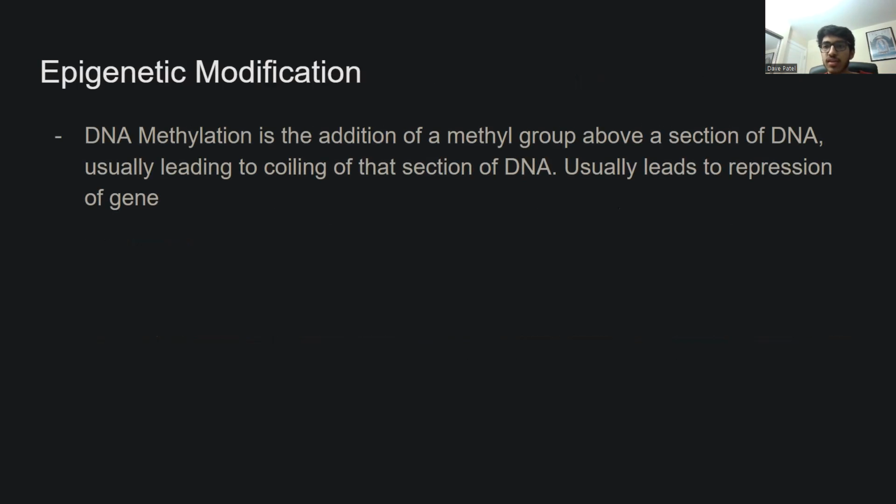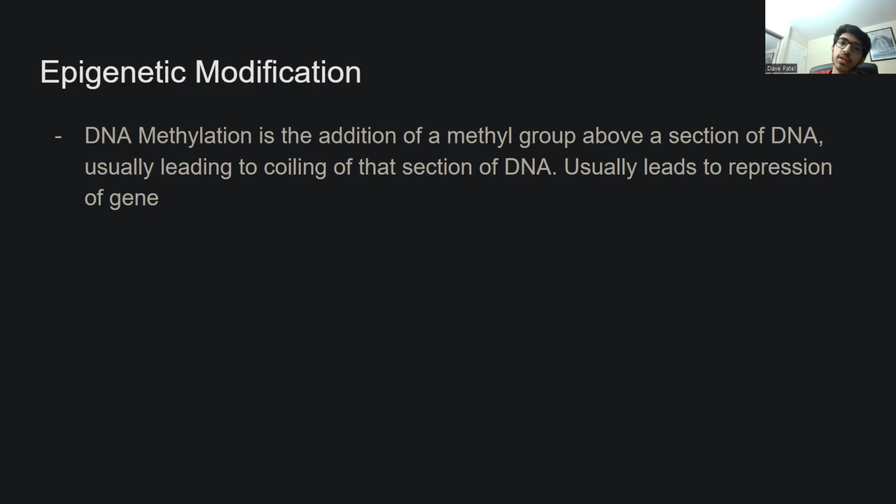And genetic means information, so change above the information. As that name implies, methylation and acetylation just add either an acetyl group or a methyl group right above a section of DNA. And because you added that molecule right above the DNA, it is going to change the expression of the gene.